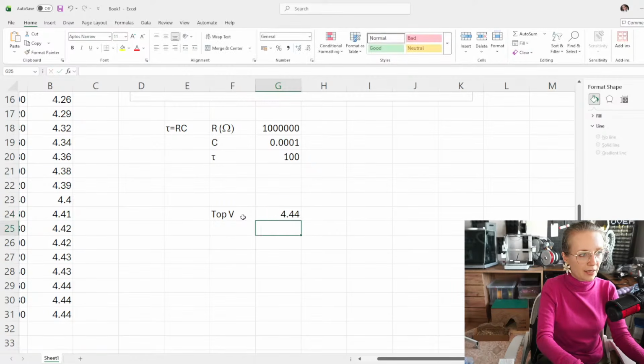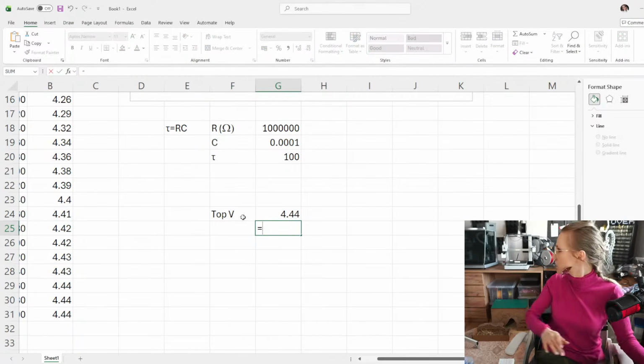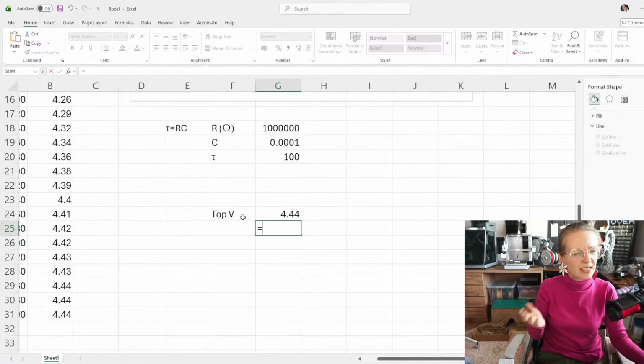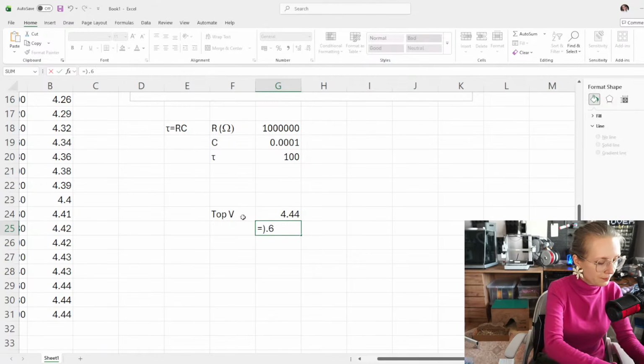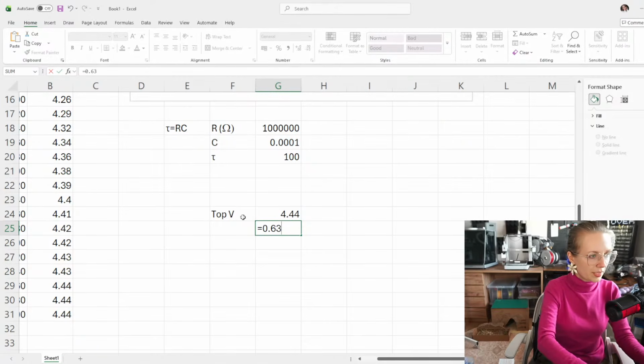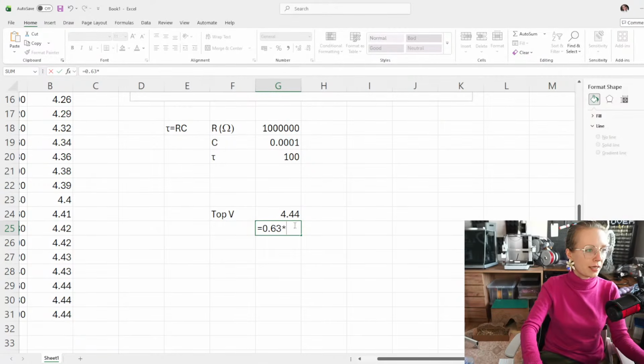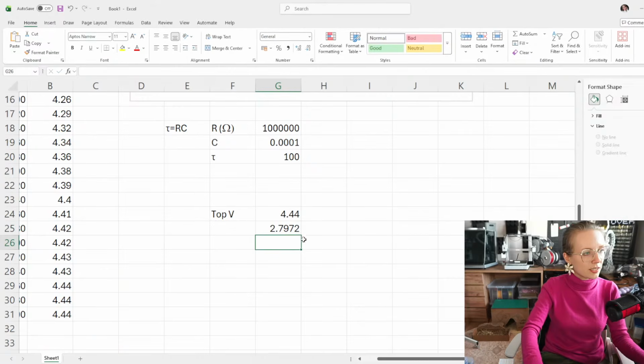And then 63%, isn't that what we're looking for? Is it 63 or 68? Is it 63.8? I'm always getting mixed up about this one. It's 63. Sorry. 63% multiplied by 4.4 is equal to this.